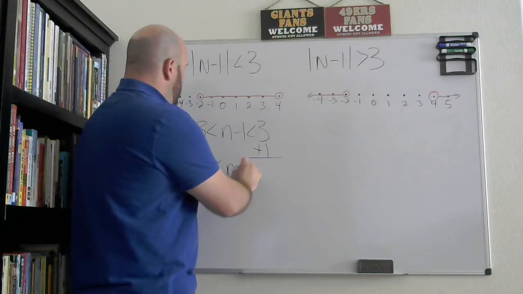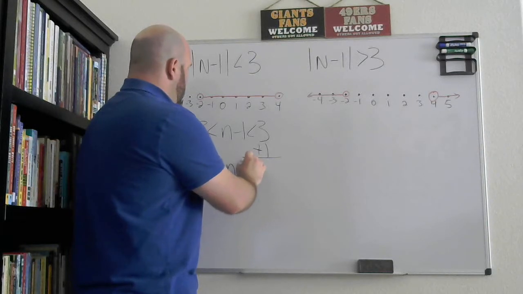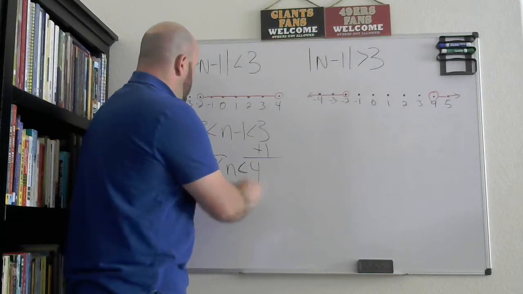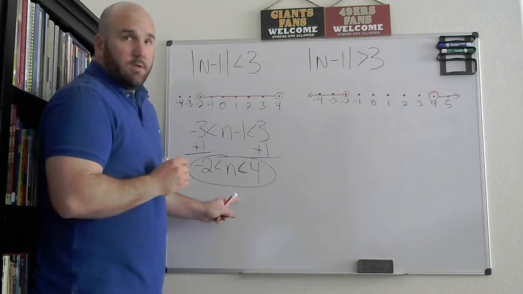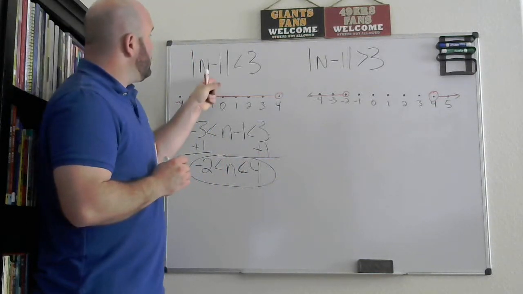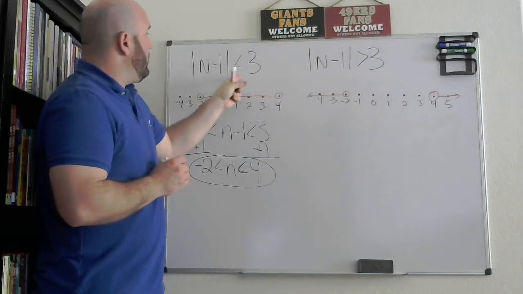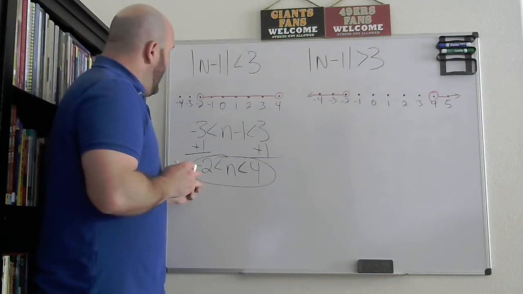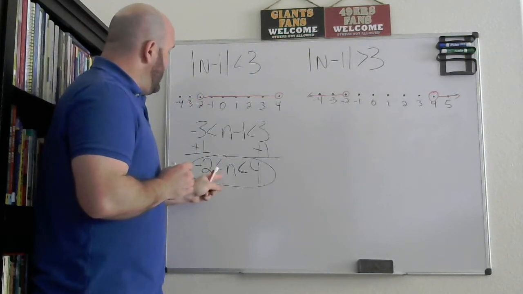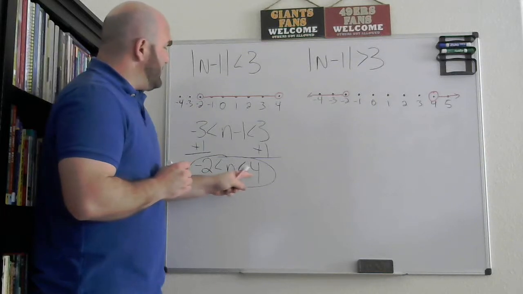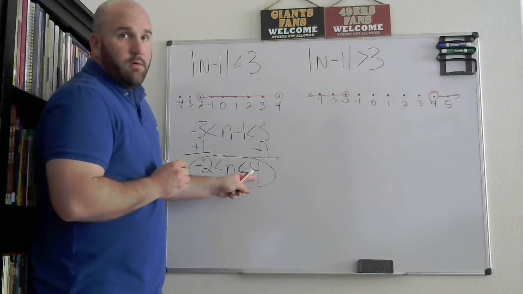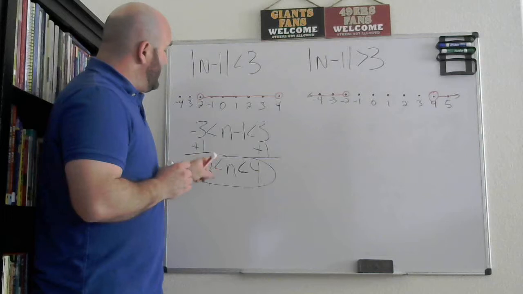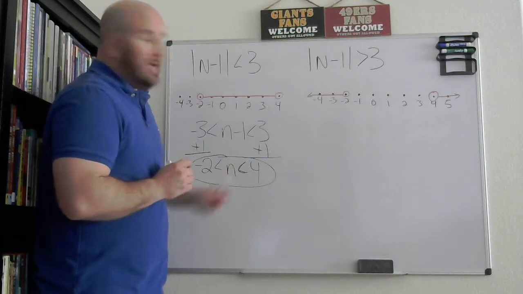And this is now our solution to this absolute value inequality up here. Negative 2 is less than n, which is less than 4. Or another way to say it is n is greater than negative 2 and less than 4.